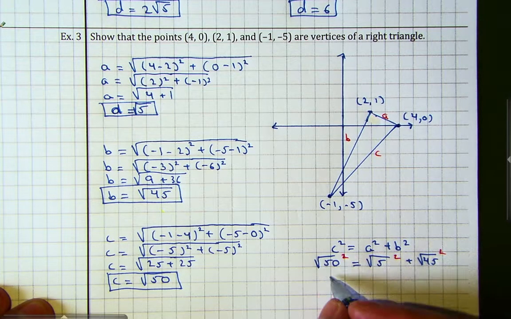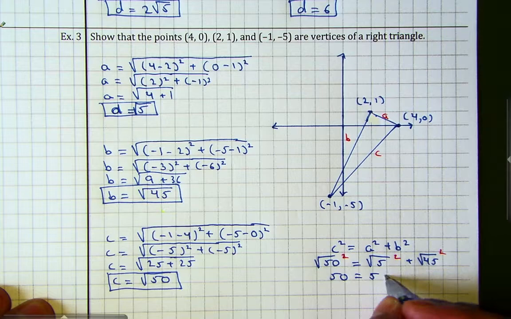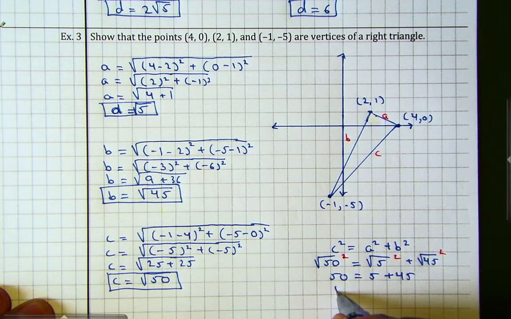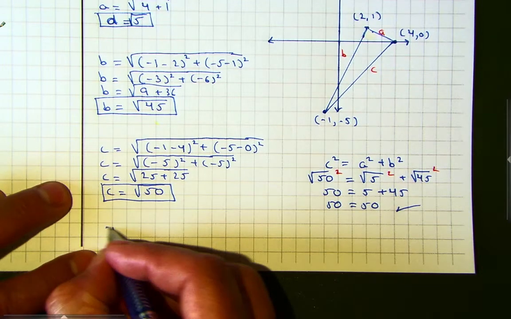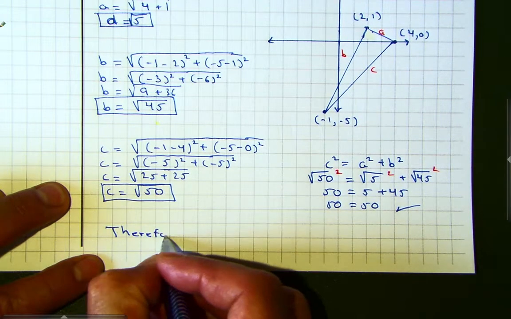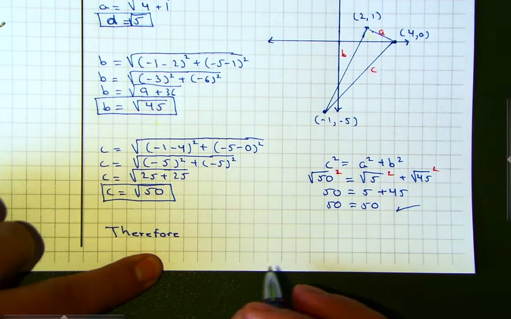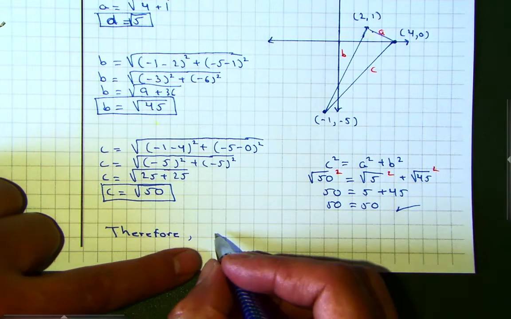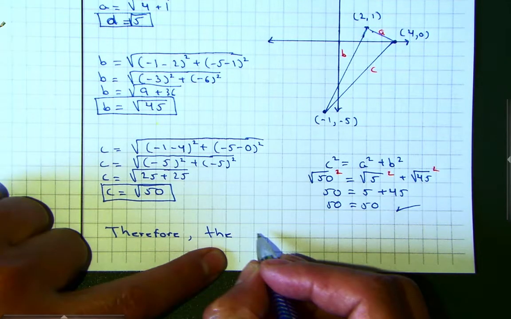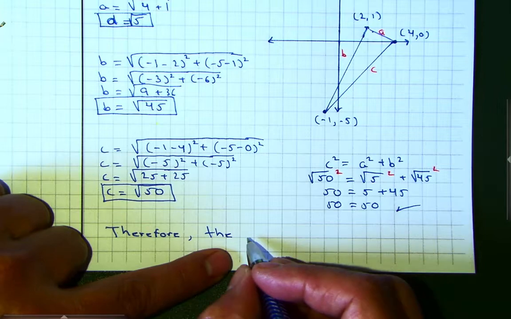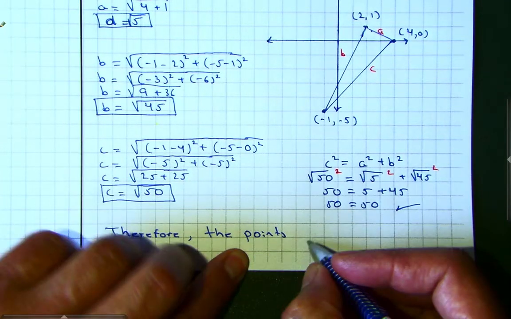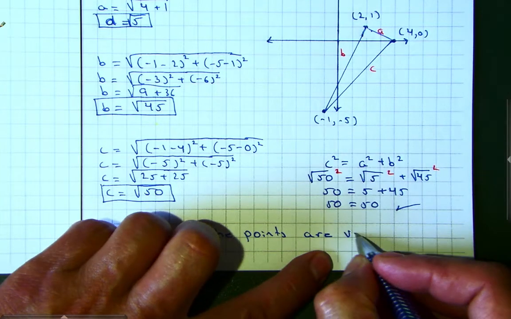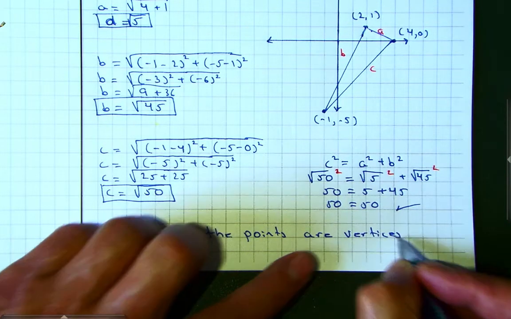So that cancels, and it gives me 50 is equal to 5 plus 45. Therefore 50 is equal to 50. That's true. Therefore, the triangle is a right triangle. The points are vertices of the right triangle.